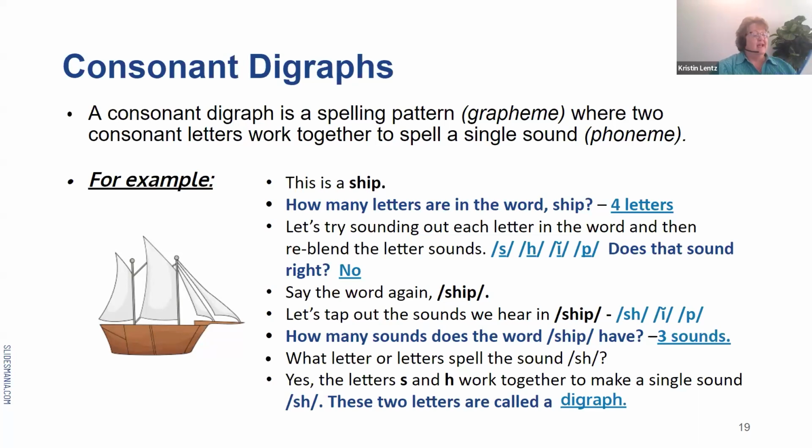So I may say, here's the word ship, and we're going to write it letter by letter. This time I'm going to write one letter in each box, because this is the board I have. So if I put one letter in each box for the word ship, now let's try to sound out that word.